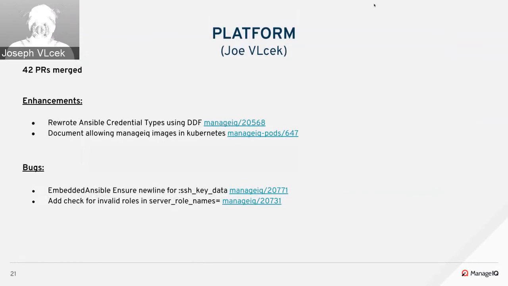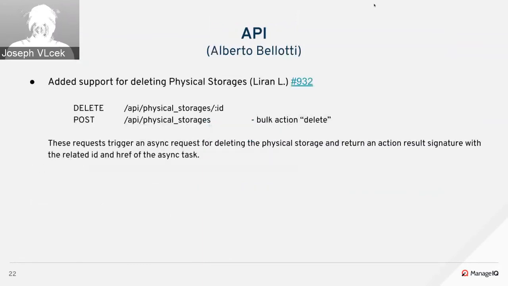On to Alberto. Thanks, Joe. So for the API, we had a couple of enhancements and bug fixes. First enhancement by Aliround, where they added support for deleting physical storages. So you see the HTTP delete verb on the resource, and we can also do the bulk delete.